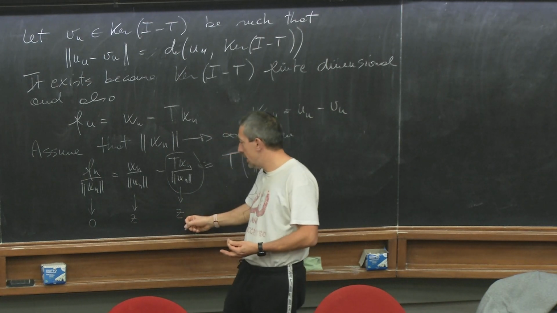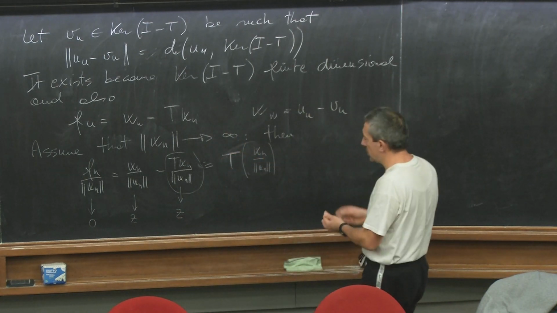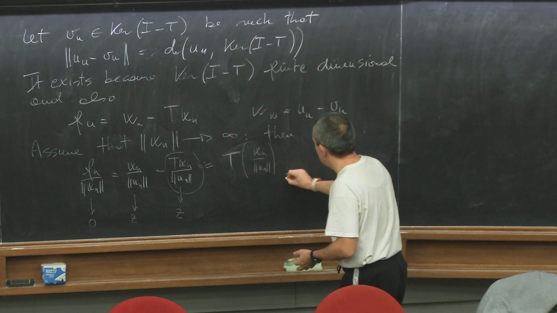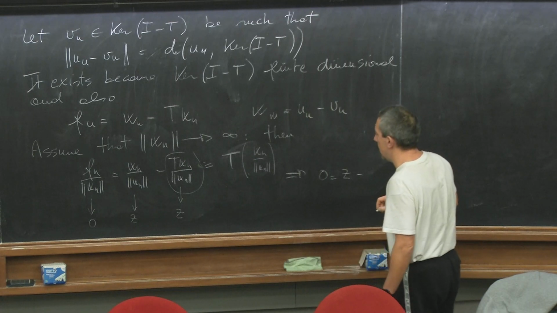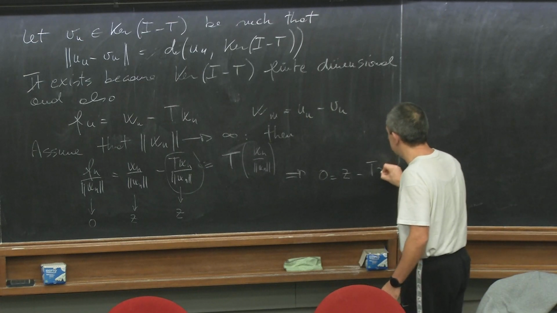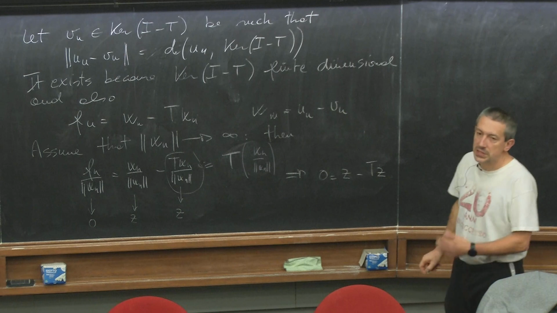And it converges exactly to the limit. So essentially what I deduce is that 0 is equal to Z minus TZ. So Z belongs to the kernel.